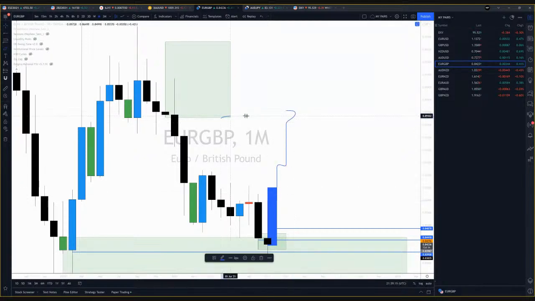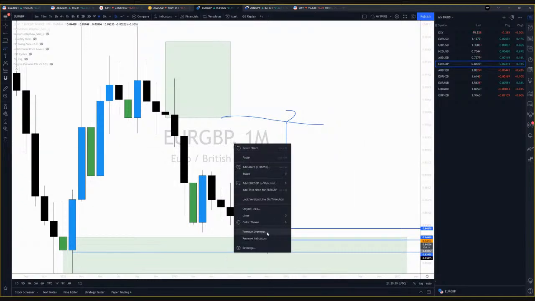This is how sometimes, not all the time, I identify my directional bias when I'm looking for where price is supposed to be going.